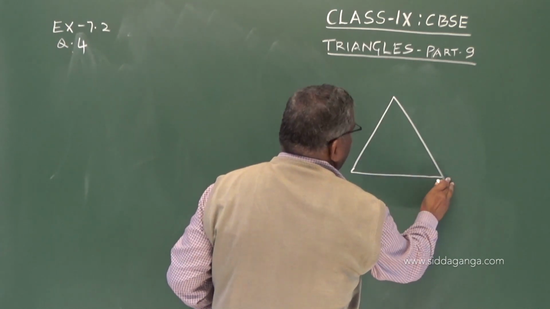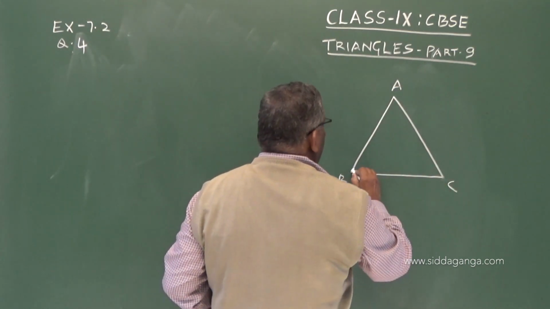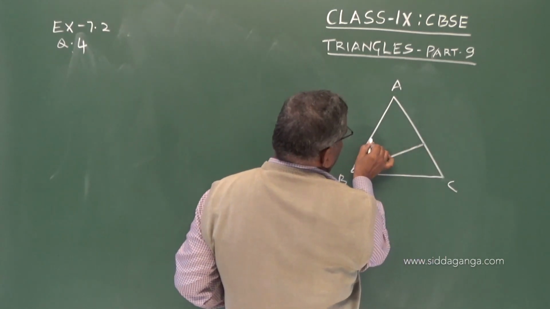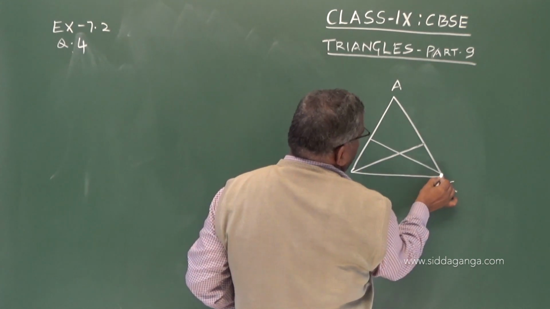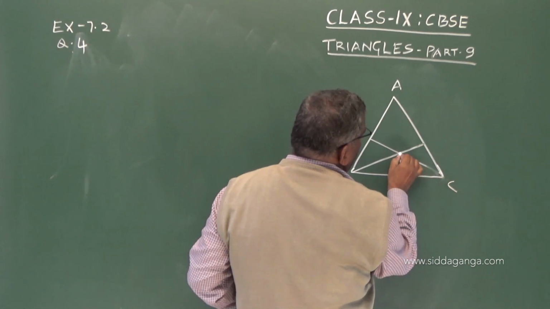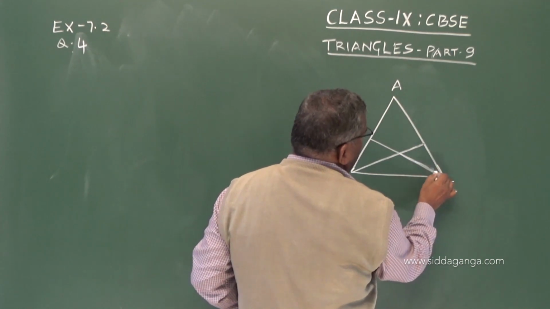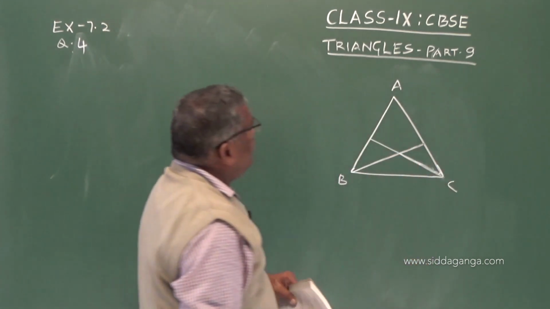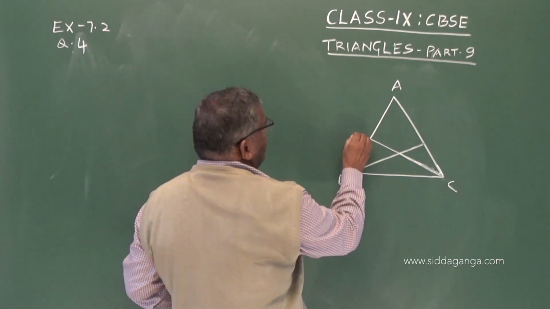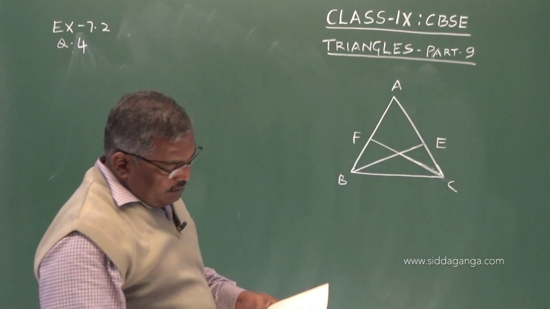So, here this is ABC, and this is an altitude, and this is also an altitude. So this is F, this is E. Same figure, but the question is different.